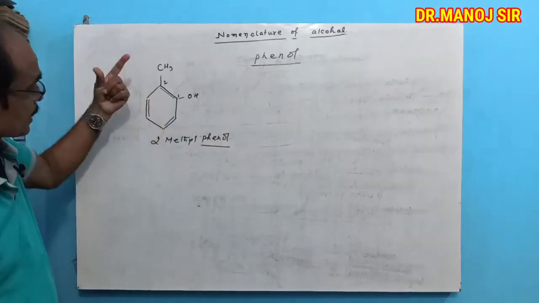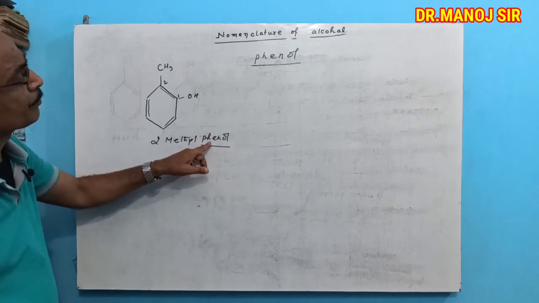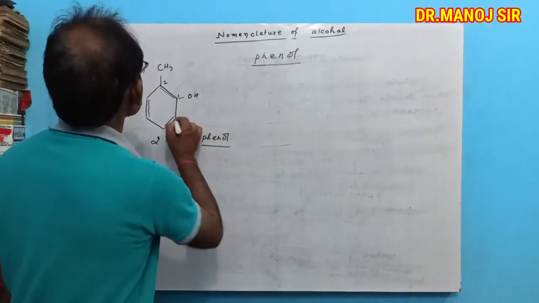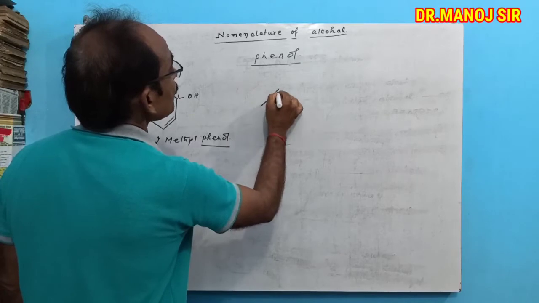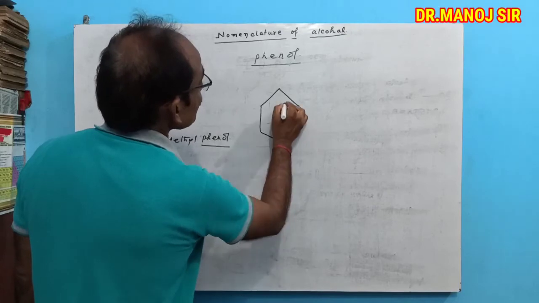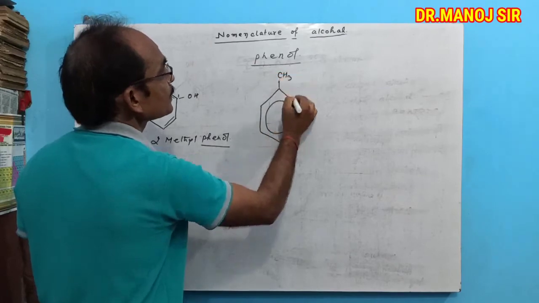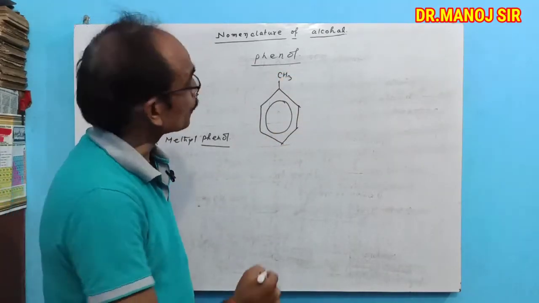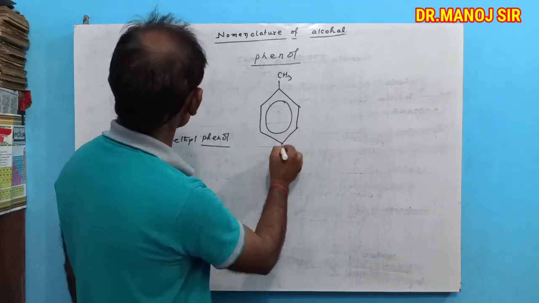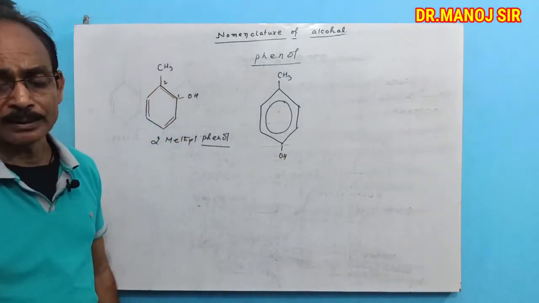In such a structure, we always introduce the name with phenol at the end. Similarly, another example of the same structure is given here: CH3 and OH at the fourth position of the carbon, which can be named 4-methyl phenol.